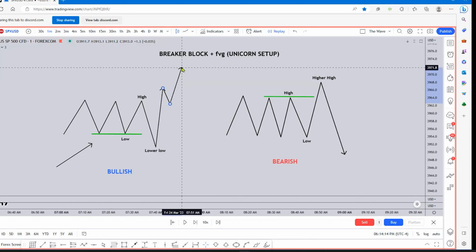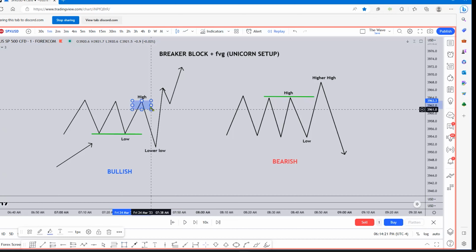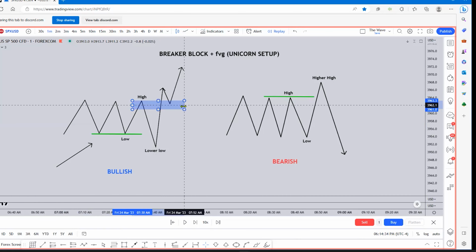I had the drawing messed up. So it's the last high before the down move that took out liquidity. So it is the candle in between this structure, low, high, lower low, pulled out in time, is your breaker.